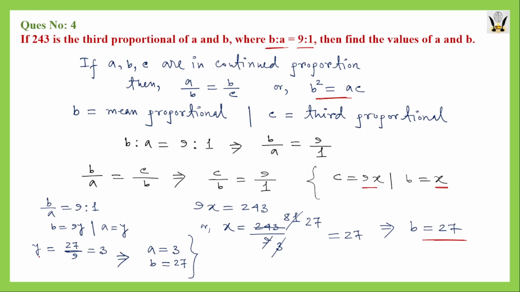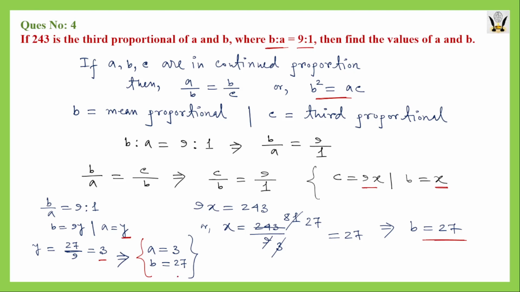So y will be what? y will be 27 divided by 9, and that is 3. And if we focus on this ratio between b and a, then the value of a is y, and value of y we have found as 3. So value of a will be then 3.